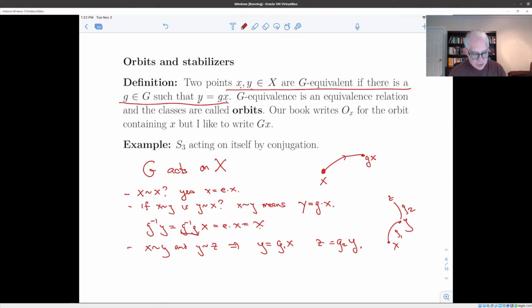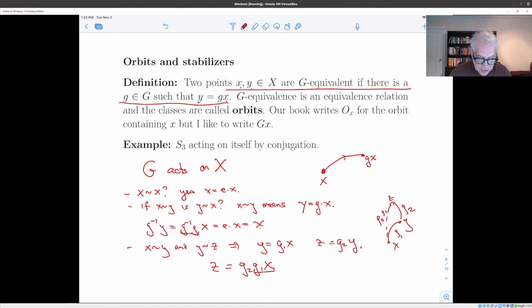And if you look at this, you can do the whole thing all in one step. Namely, Z is G2 G1 X, because G1X is Y and G2Y is Z. So by chaining these together, you can take the direct shortcut G2 G1.